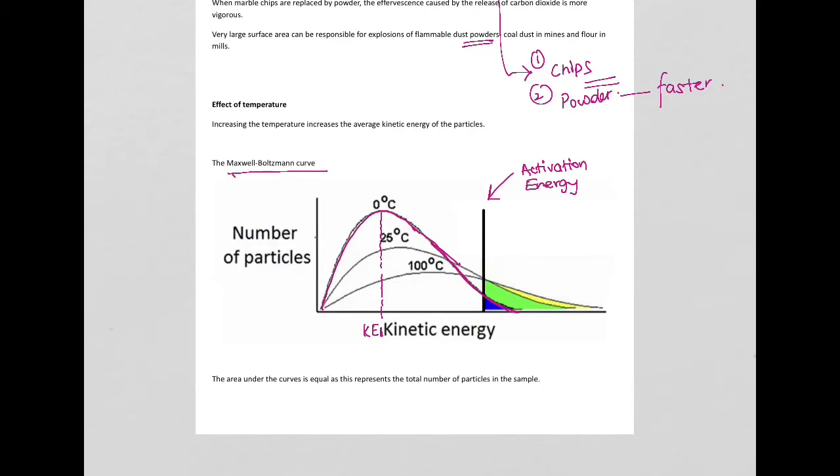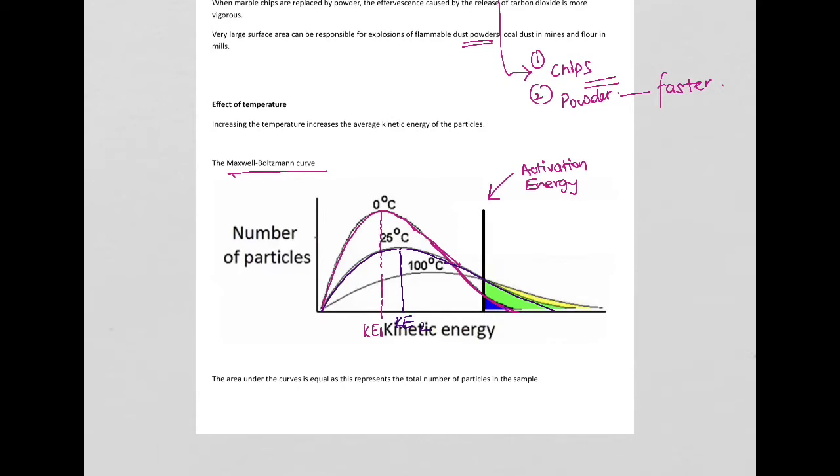let's say we move to 25 degrees Celsius, we now see that the majority of the particles have this kinetic energy. This is the peak, so this is kinetic energy 2.